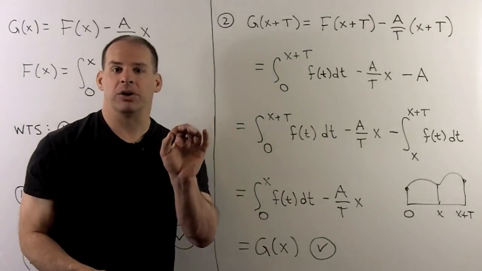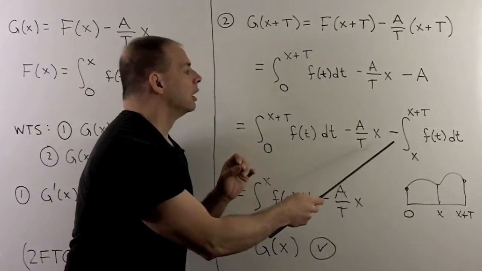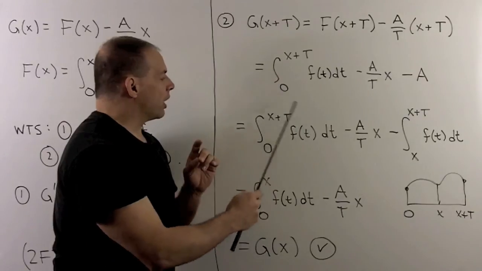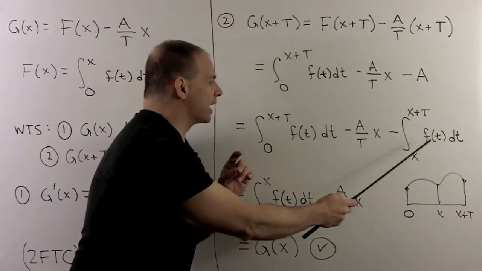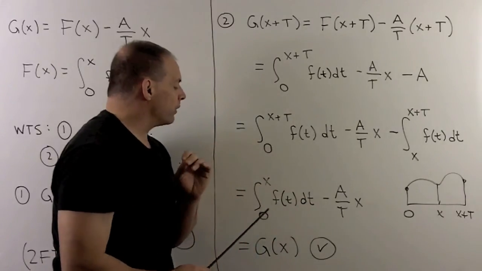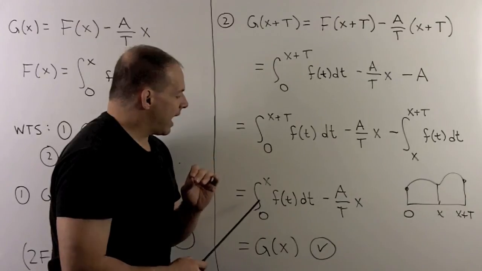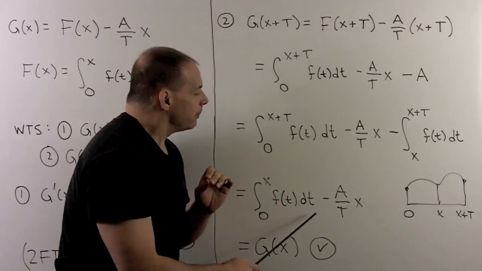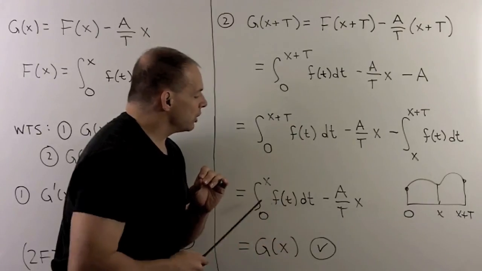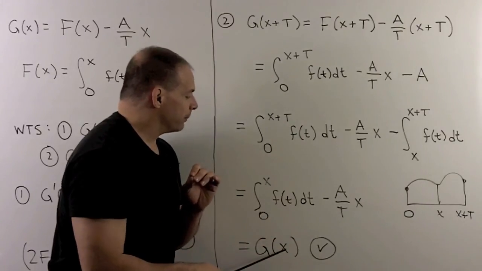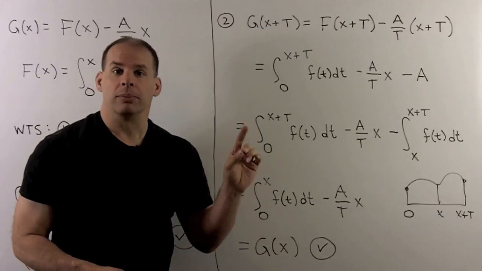So I take the period going from x to x plus t. Now, we have rules for addition of integrals. These two integrals I can combine to give an integral that goes from 0 to x. That's going to mean that we have f of x here, and then here we just have the minus A over t times x, which is just the definition of g of x. So that gives us our second part. So that's our result.